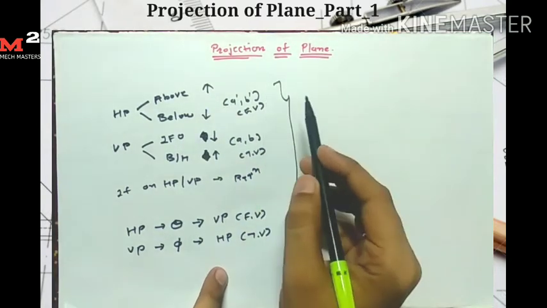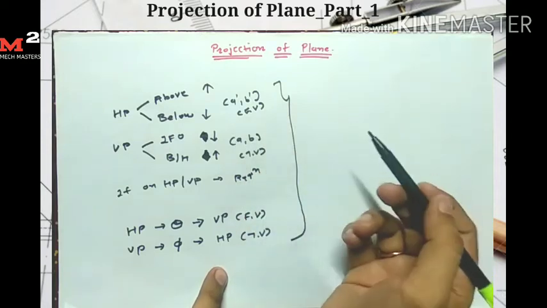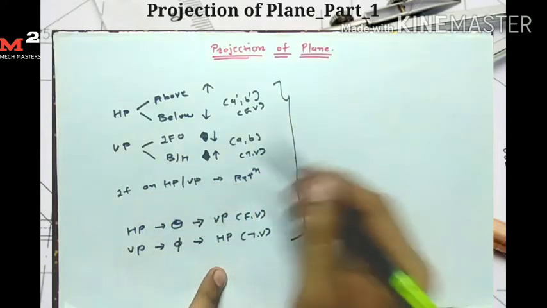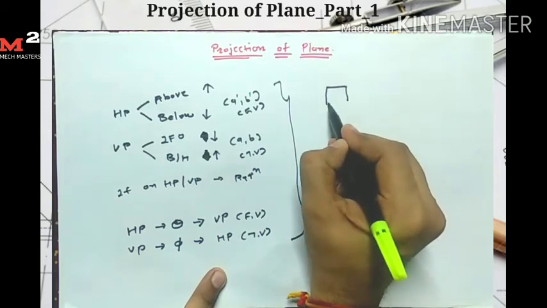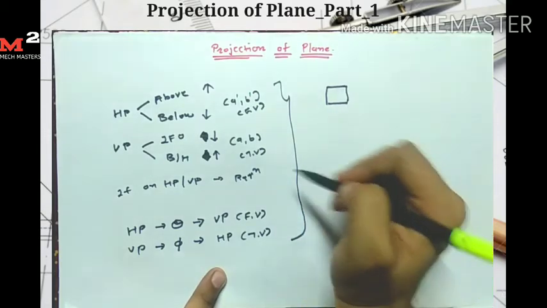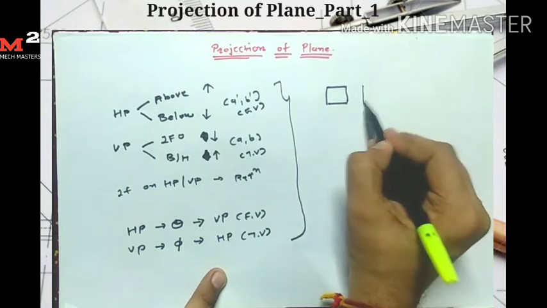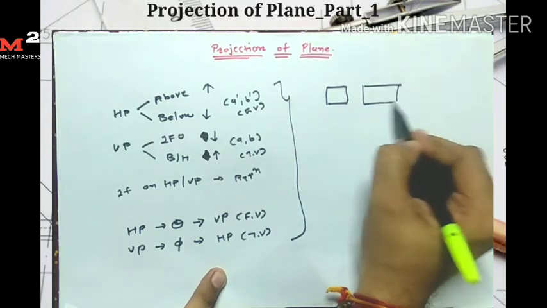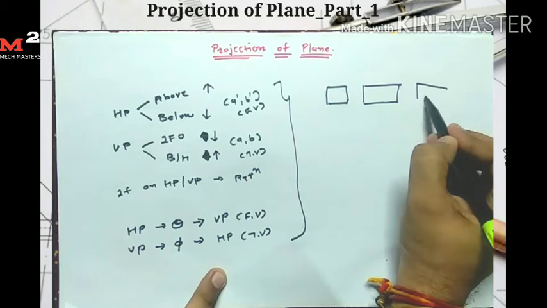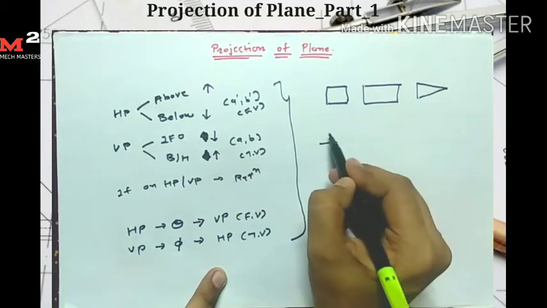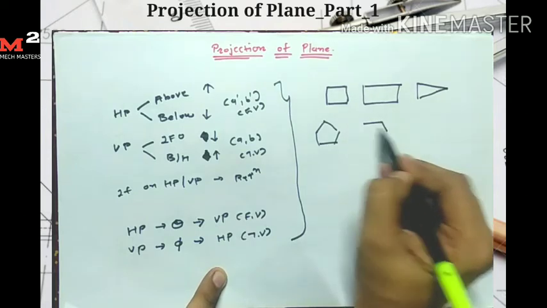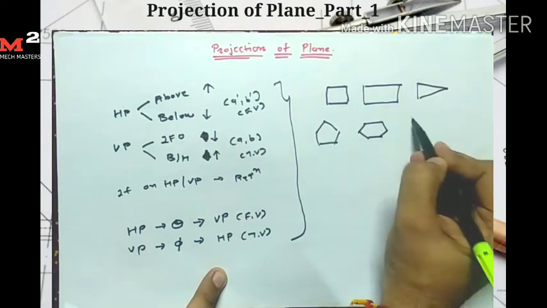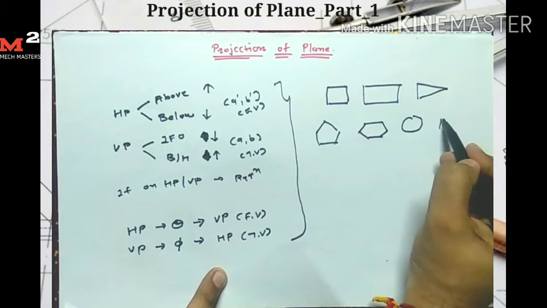In projection of plane, we draw the front view and top view of the plane for different conditions. Plane means here we take square, rectangle, triangle, pentagon, hexagon, circle, semicircle.